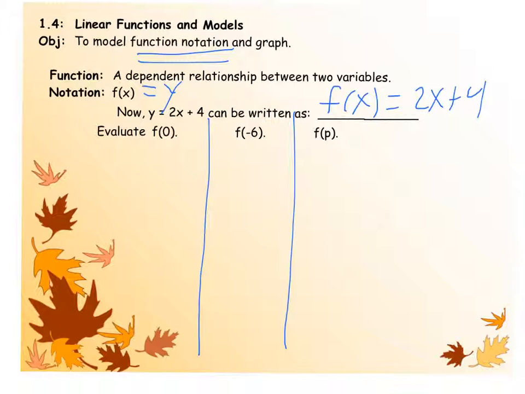If I were to evaluate f of 0, then I would plug 0 in for x, and I would simplify that expression by taking 2 times 0, which is 0, and adding 4. And I get f of 0 equals 4.